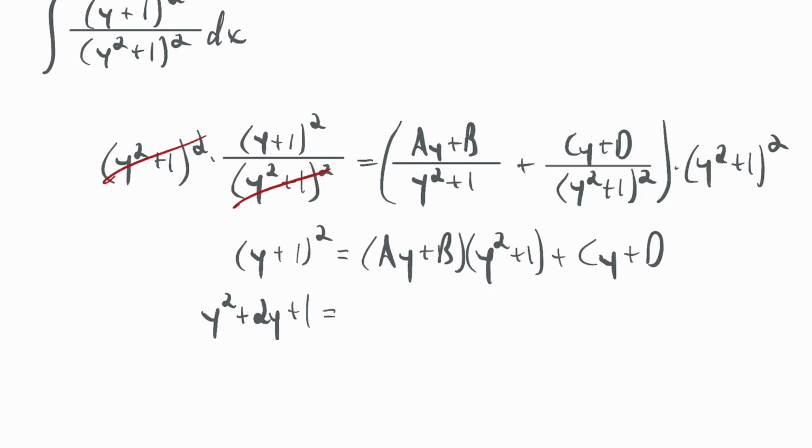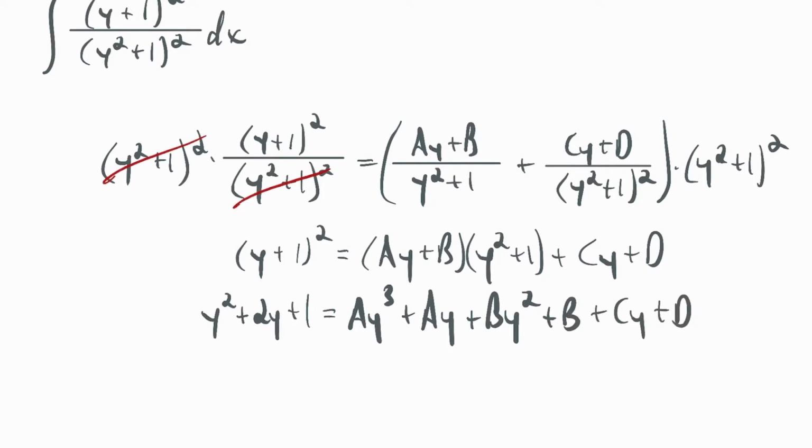On the right, I'll foil this first term, so a y cubed plus ay plus b y squared plus b plus cy plus d.